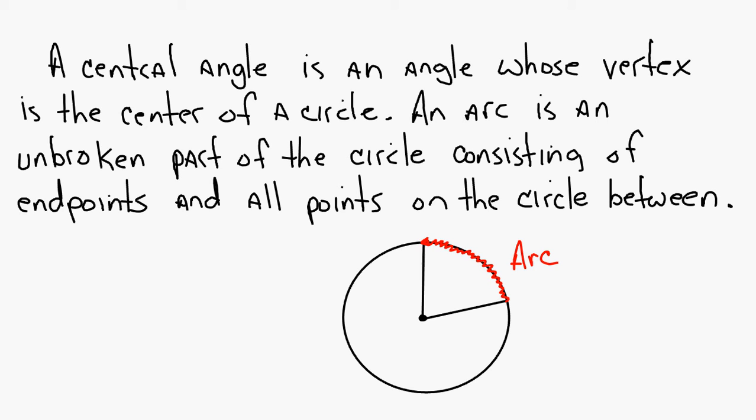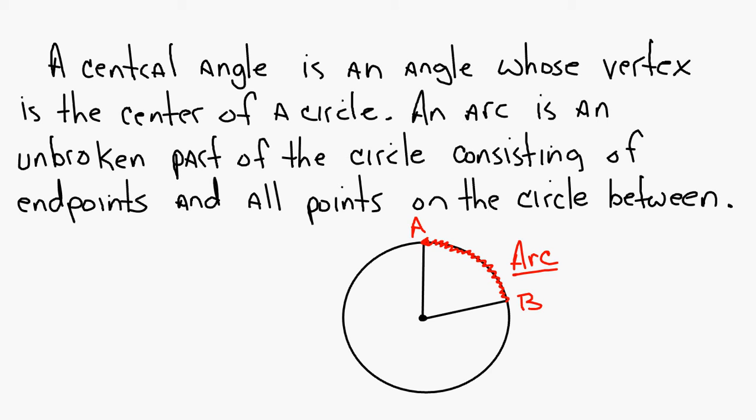An arc is an unbroken part of the circle consisting of endpoints and all points on the circle between. So say you got a point A and a point B. Those are your endpoints. The endpoints and all the points in between are called an arc. That arc is formed by this central angle.